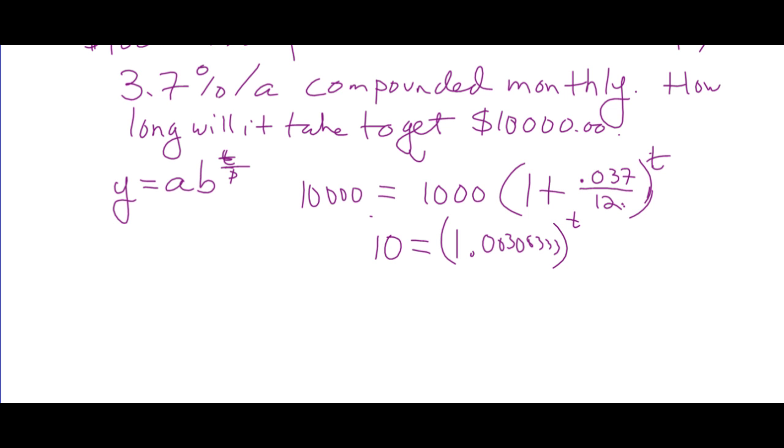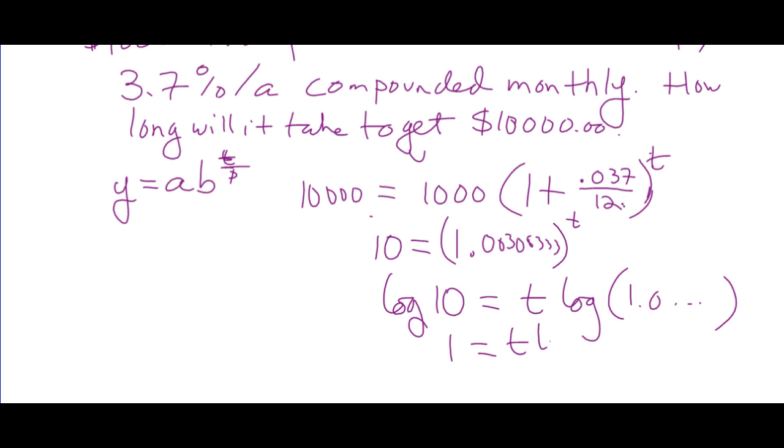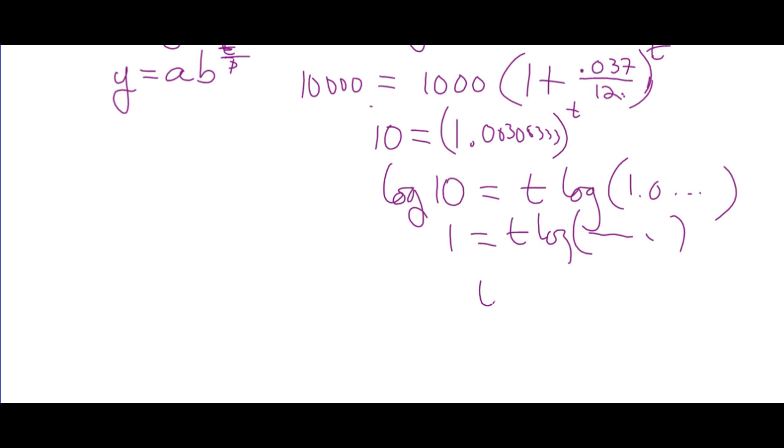Okay, how do we solve for an unknown exponent? Log. So we get log 10 is equal to t log of the number. Log 10 is just 1. So t is equal to 1 divided by the log of the number that you got there, 1.003, etc.